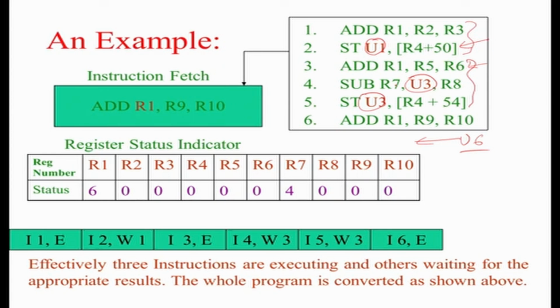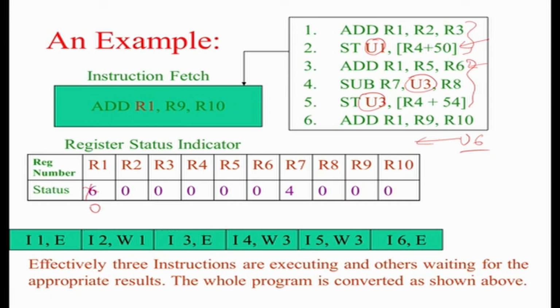For example, when the 6th instruction finishes, all the entries with value 6, it will go and make 0. That means the 6th instruction is completed, and the latest value of R1 is in the register file, so it will make this 0.